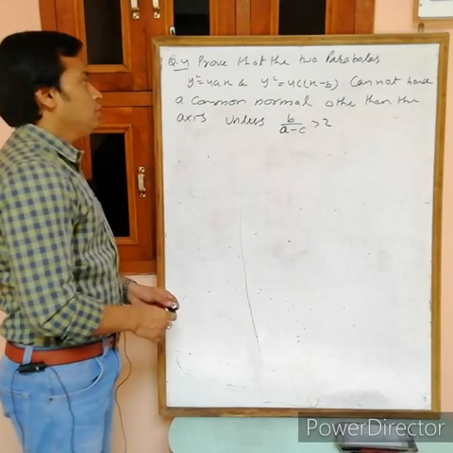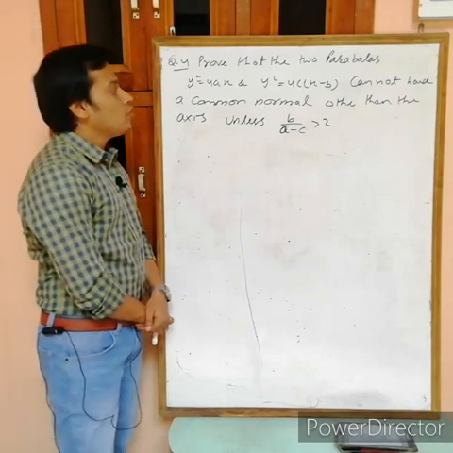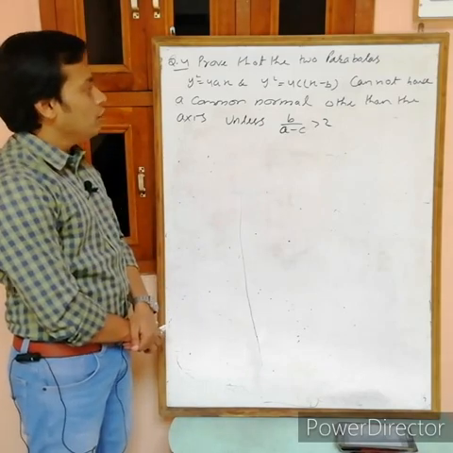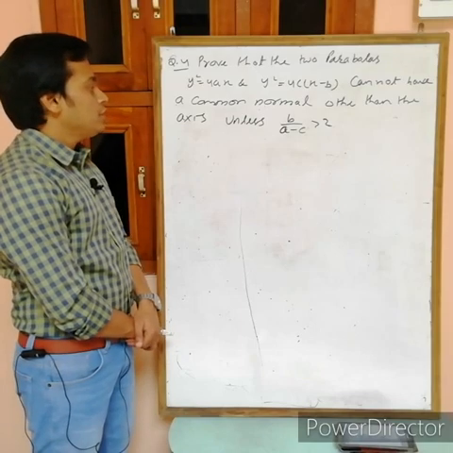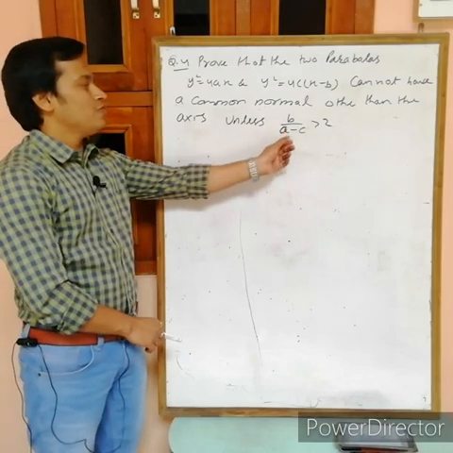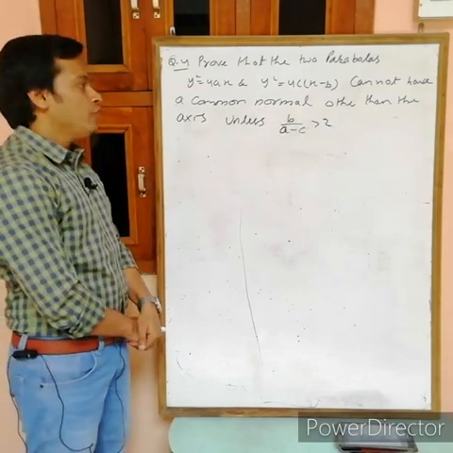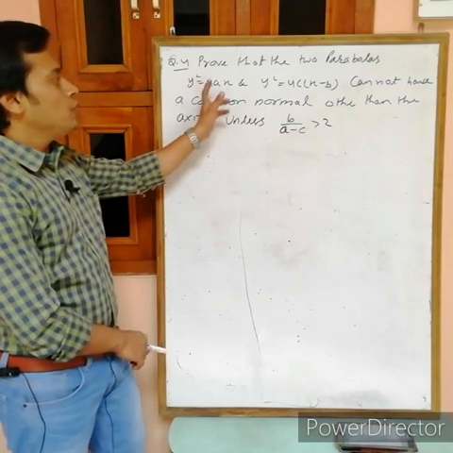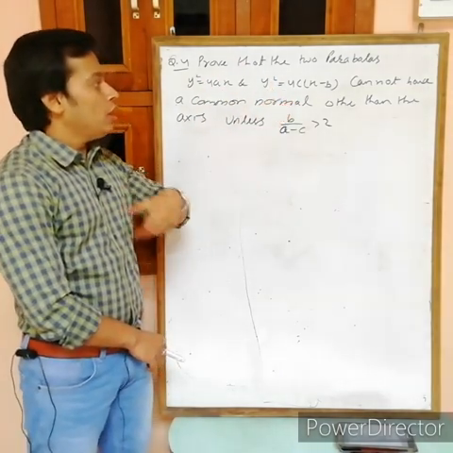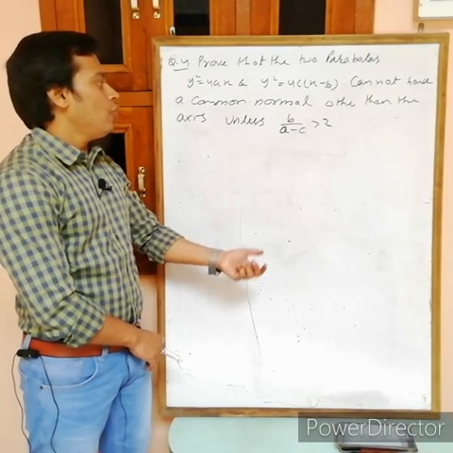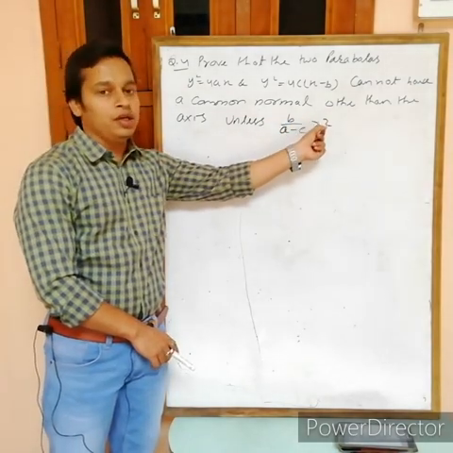First understand the question. Prove that these two parabolas cannot have a common normal other than the axis unless this one is greater than 2. It means we have to prove that these two parabolas will have a common normal only if this one is greater than 2.